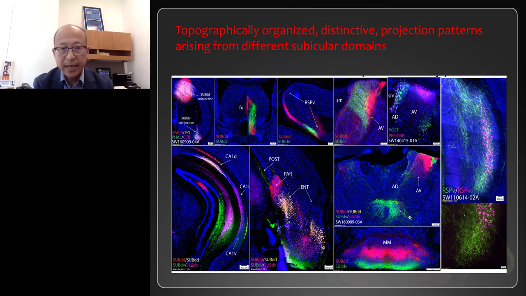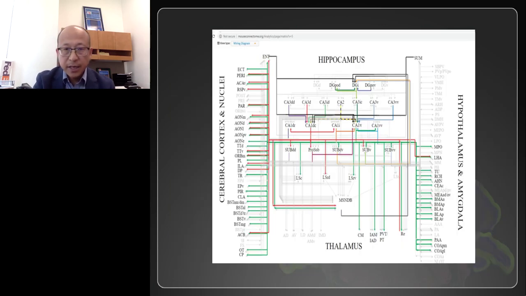For example, here we show different neuronal populations in the entorhinal cortex projecting to different components of the subiculum, and also their projections to the mammillary body. And then together, we put together this hippocampal wiring diagram. You can find this one on our website.